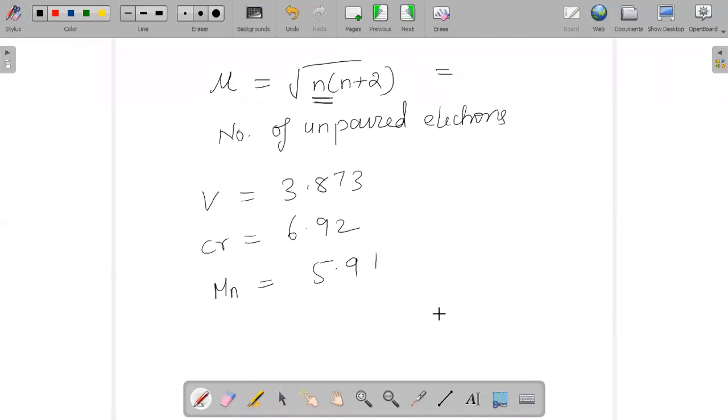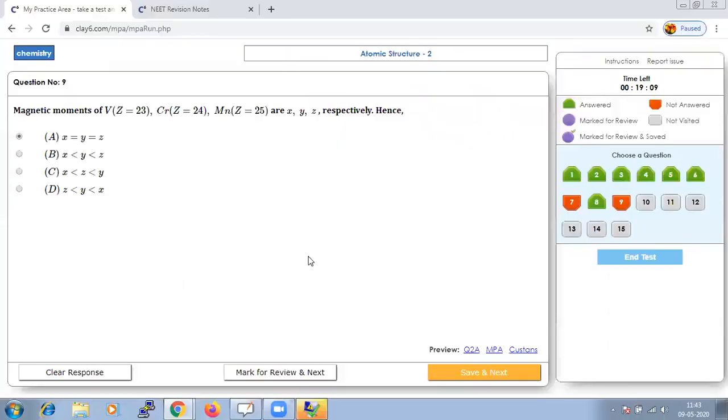You will get this on calculating by substituting the number of unpaired electrons as the n value. You will reach this answer, and from this you can conclude that our option will be C.